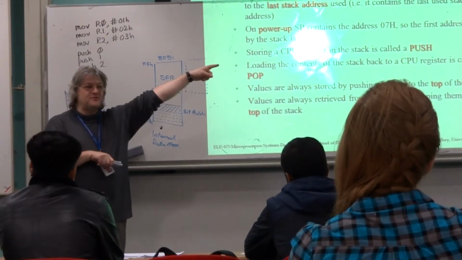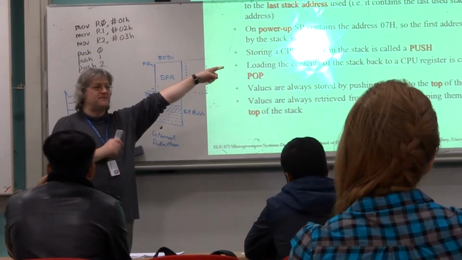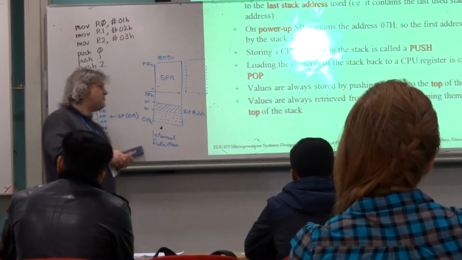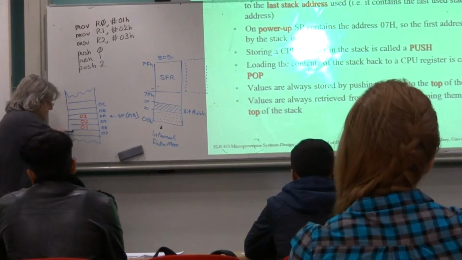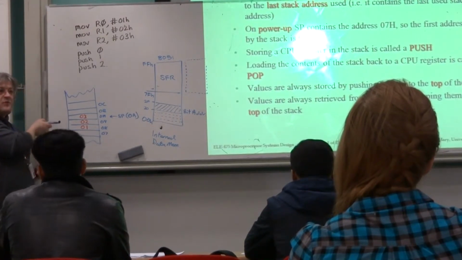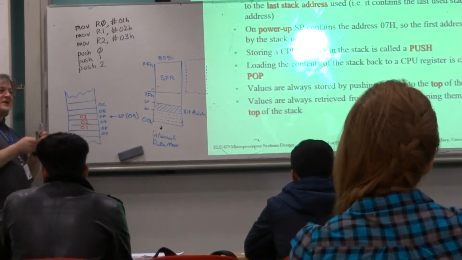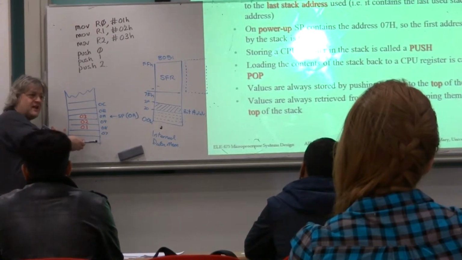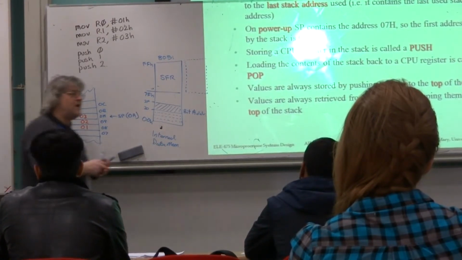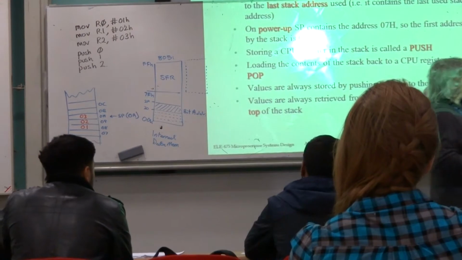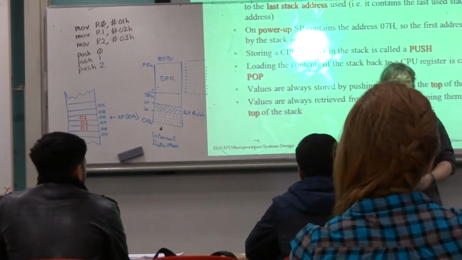Knowing that the first thing that you do whenever you store anything is add 1 to it. So by default, the stack points to 07, which means the first location you will actually write to is not 07, it will be 1 more than 07 because of the rule here. We always increment before we store.